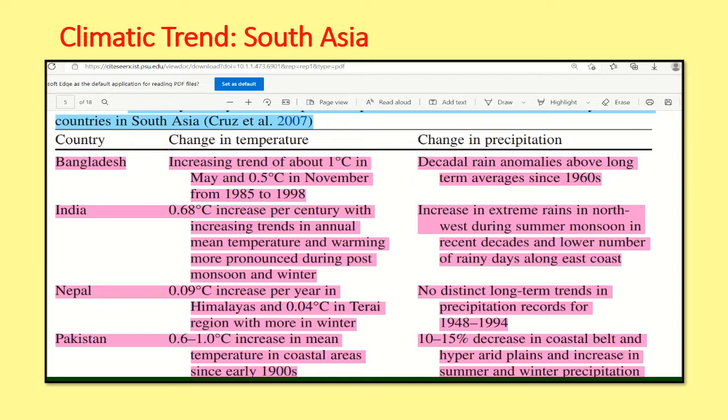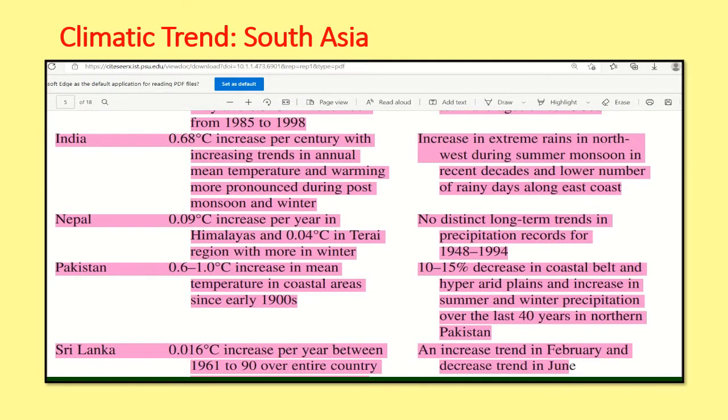In Pakistan, there is also an increasing trend of temperature and a decreasing trend of precipitation, with a 10 to 15% decrease in rainfall in the coastal belt. Winter precipitation over the last 40 years in Pakistan is in a decreasing trend. Pakistan faces more drought and more water scarcity through the last decades.